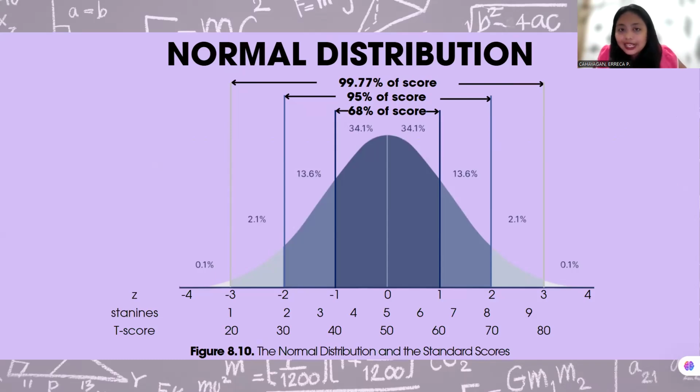Your standard 9 score falls into the 99.77% of the scores, which is on the positive side. So your score in physics was negative 2.5. That means it is in between, also 2.5, in the 97.77% of the scores, and it falls in the negative area.